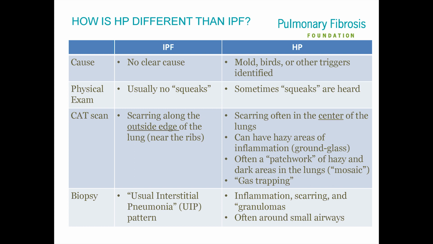I'll also point out that while IPF is often around the edge of the lung in the biopsy, HP is often around the airways of the lung. So in many cases, by carefully looking at a lung biopsy, we can often distinguish between these two conditions. In most cases, however, it's all of these things combined that help us point towards one disease or the other.